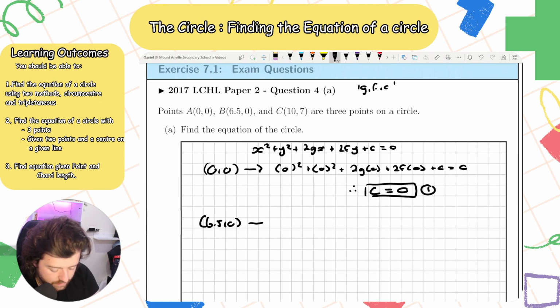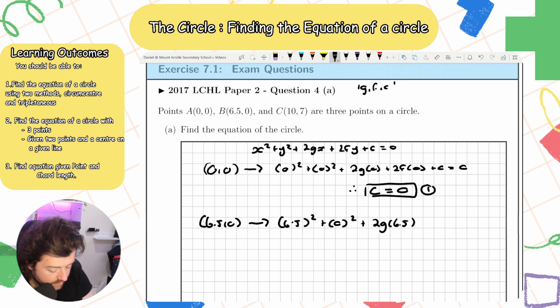6.5, 0. That is 6.5 squared plus 0 squared plus 2g times 6.5 plus 2f times 0 plus c, and we know c to be 0, so we're just going to sub that in there.